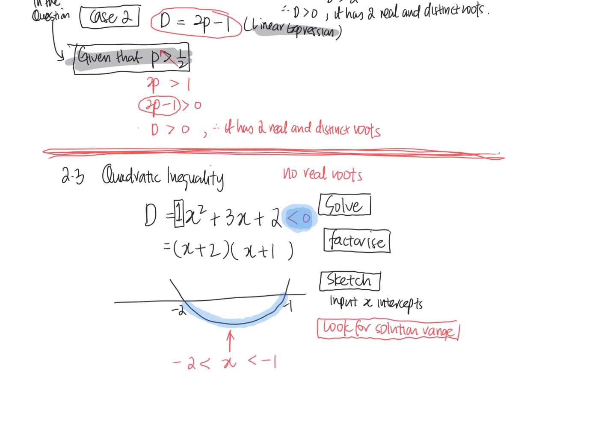Okay, what if your quadratic expression cannot be factorized in this way? What if it's not a nice one? So example, okay, what if I cannot factorize it? Then you will solve for the x-intercept. Oh, this one no, cannot solve. Sorry, yes, use your quadratic formula.